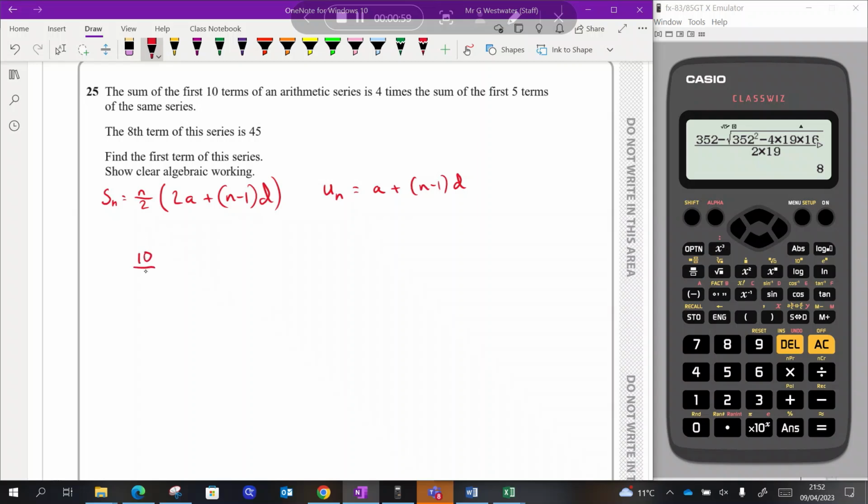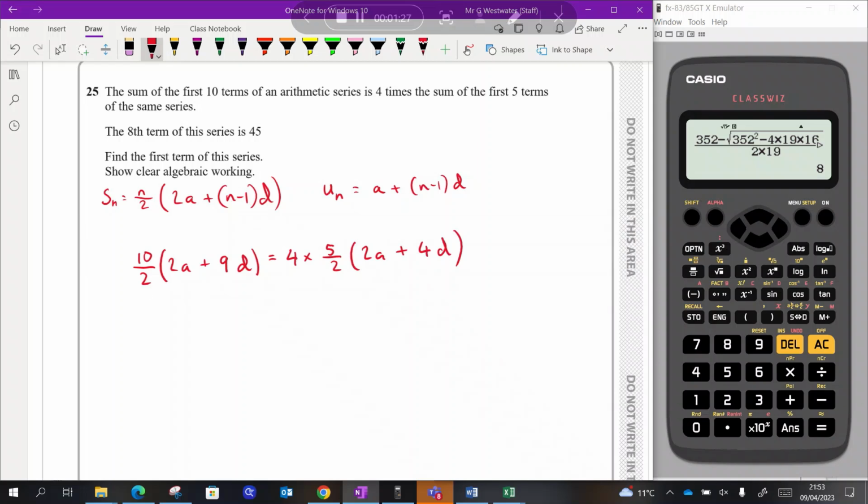So 10 over 2, brackets 2a plus 10 minus 1, so 9d, equals 4 times the sum of the first 5 terms. So 4 times 5 over 2, brackets 2a plus n minus 1 d, so 4d.